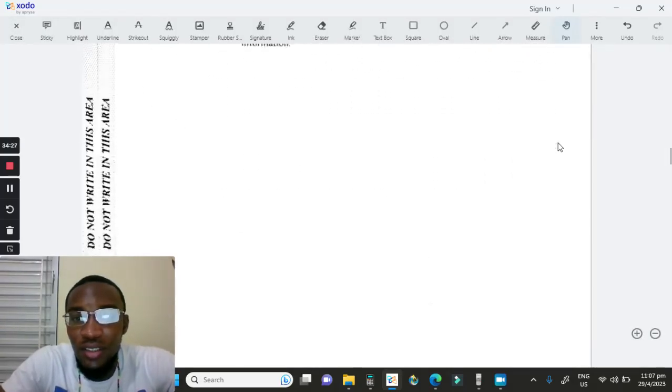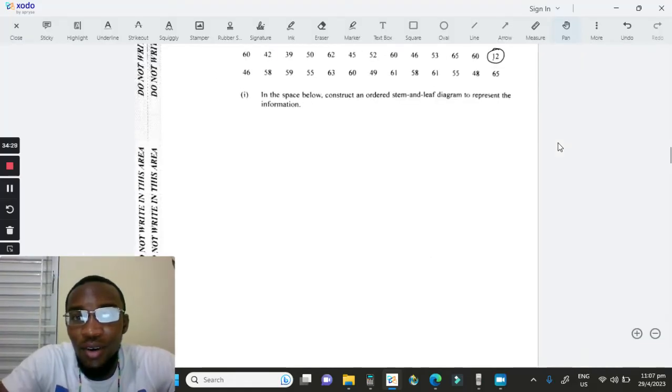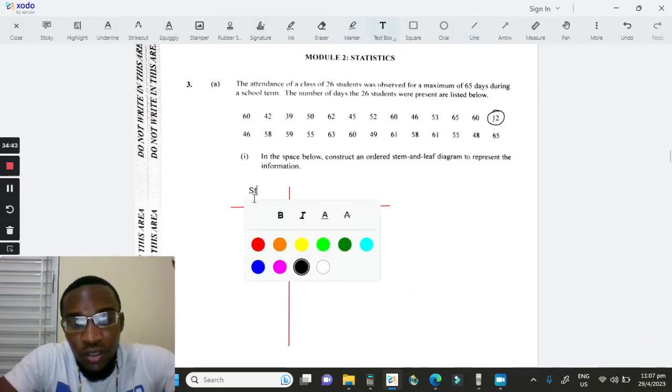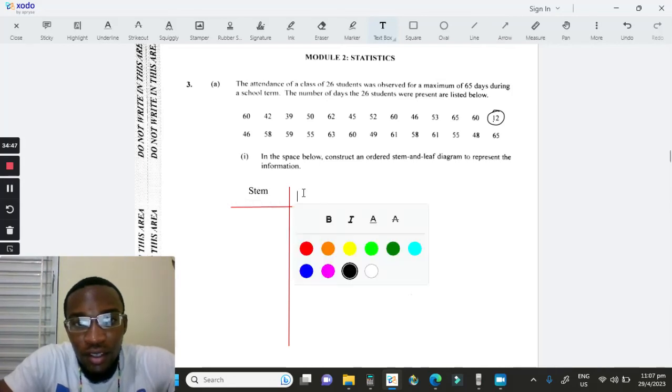But we need to create an ordered stem and leaf. So remember to create the stem and leaf now. Alright, so we have our stem and our leaf. It's fairly straightforward. So our stem, and over here we have our leaf.